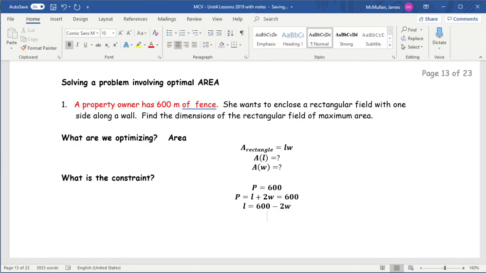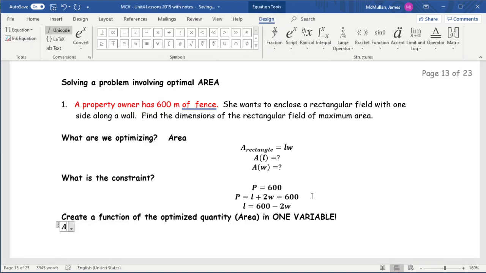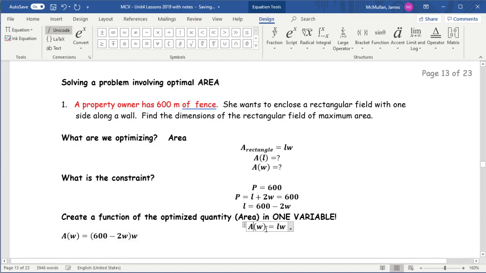Now what I can do with this is create a function of the optimized quantity, which remember is area, in one variable only. The area function in terms of W is length times width, but we know that length is actually 600 minus 2W, times another W. Let's make this just A, to make that a bit clearer.